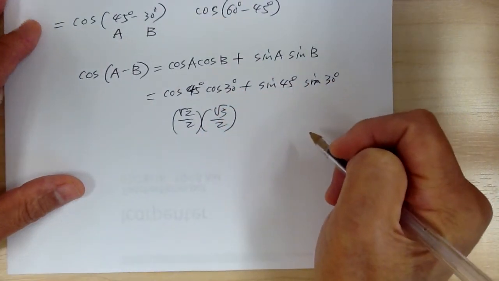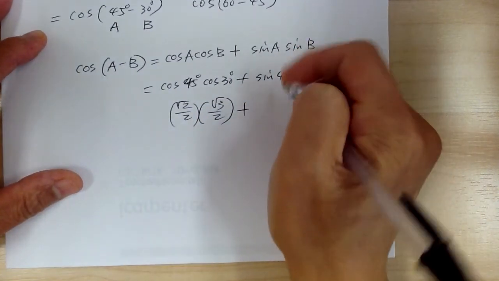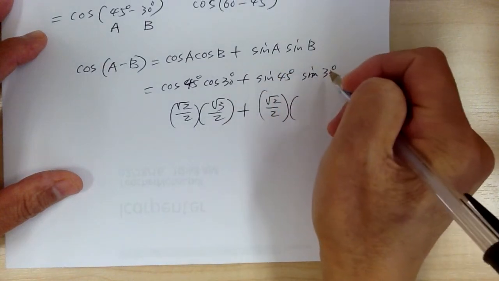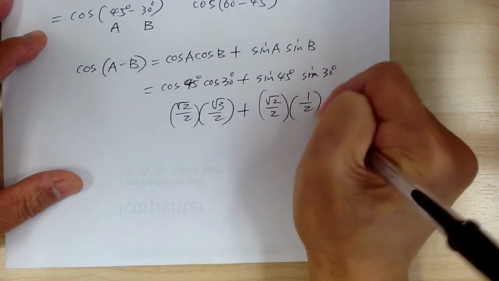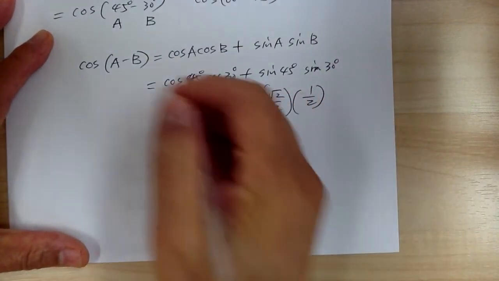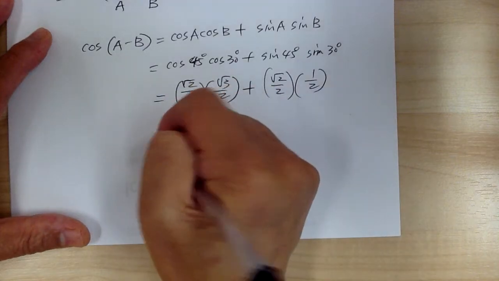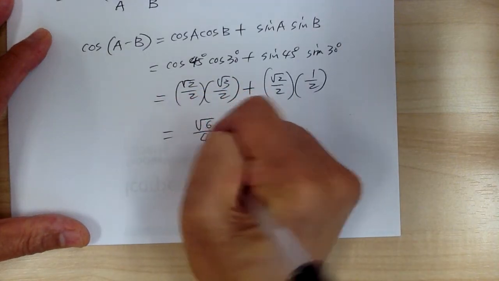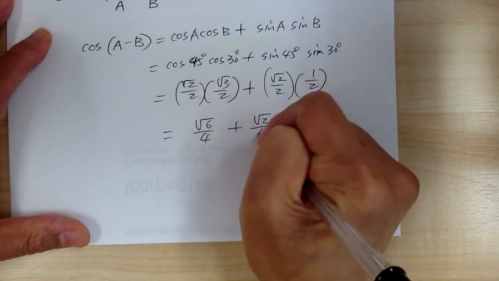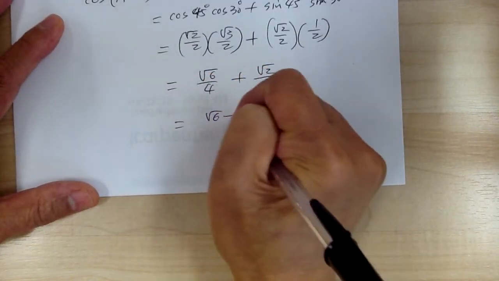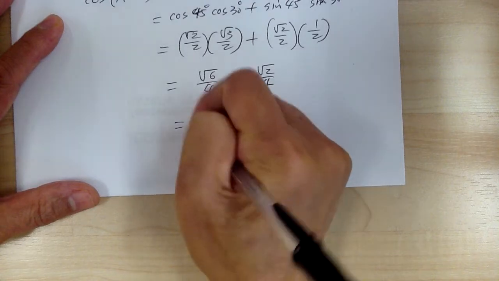You've got to know your special triangles, right? Plus sine of 45 is square root of 2 over 2. Sine of 30 degrees is 1/2. And they should have a common denominator. If you don't have a common denominator, it means you're doing something wrong. So this is equal to square root of 6 over 4 plus square root of 2 over 4. And if you put together, this will equal square root of 6 plus square root of 2 over 4. And that is your answer.